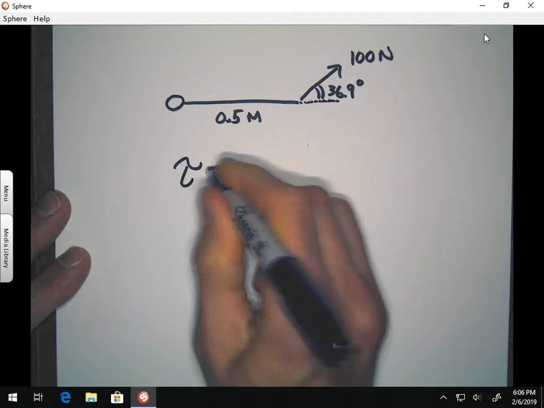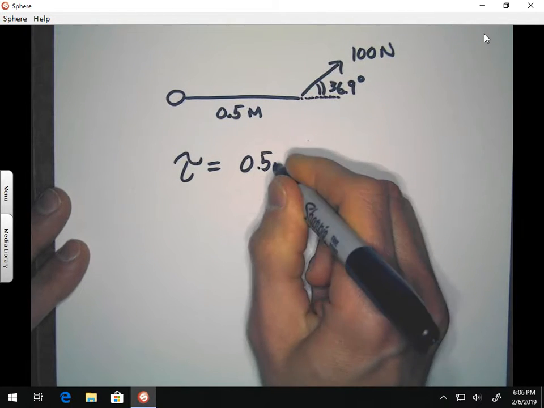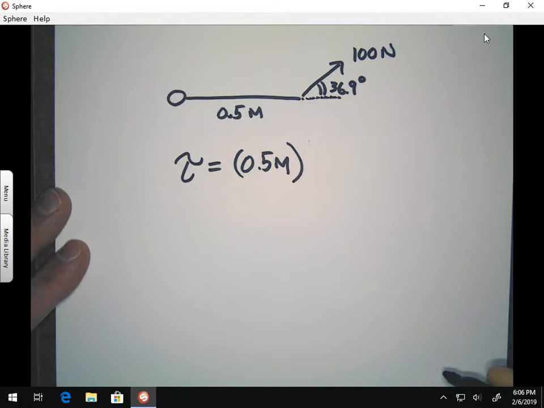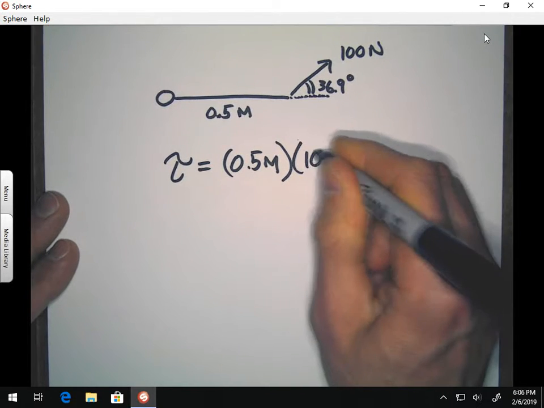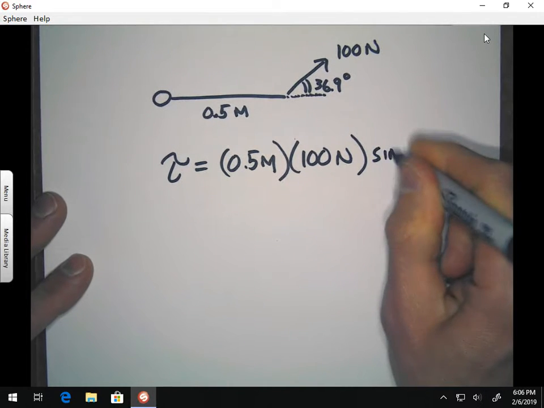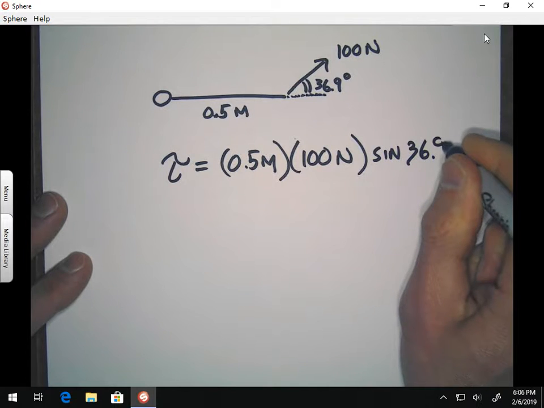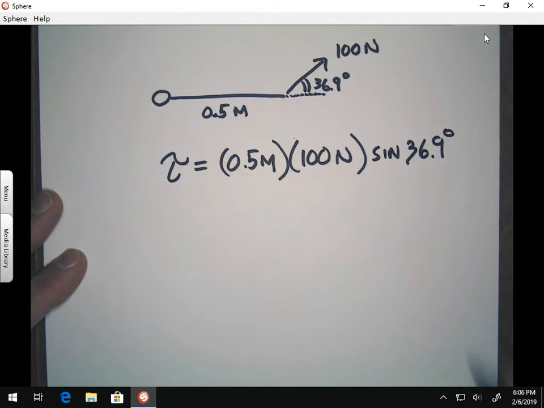So let's see. Torque is equal to my lever arm of 0.5 meters multiplied by my force of 100 newtons multiplied by the sine of 36.9 degrees. Okay. So we pull out our calculators.